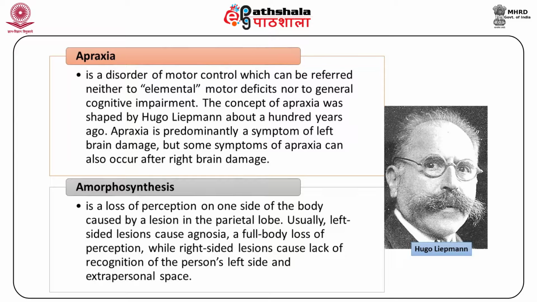Amorphosynthesis is a loss of perception on one side of the body caused by a lesion in the parietal lobe. Usually, left-sided lesions cause agnosia, that is a full body loss of perception, while the right-sided lesions cause lack of recognition of the person's left side and extrapersonal space.